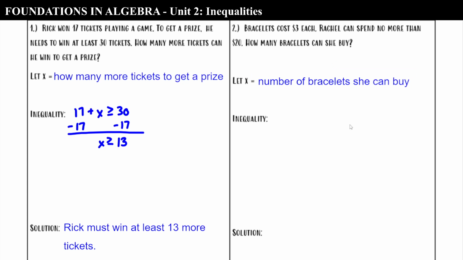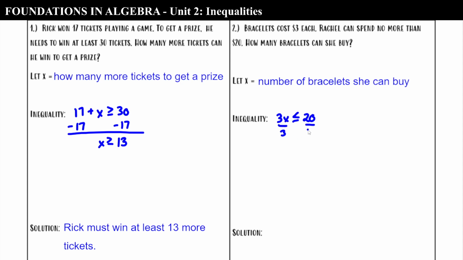Well, we know that bracelets cost $3 each, and we're going to multiply that by the number of bracelets that she can buy. And that has to be less than or equal to $20, because she can't go over $20. She can spend $20 exactly because that's what she has, but she can't go over it. So she can buy up to $20 worth.